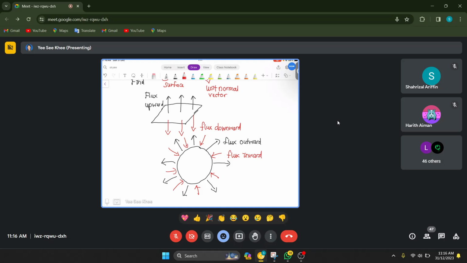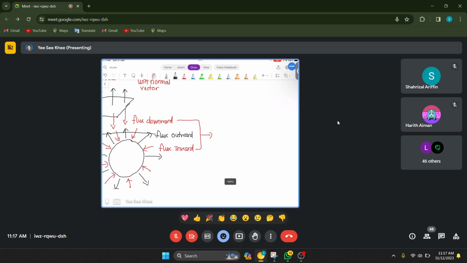The flux downward and inward have the same formula, and the flux upward and outward have the same formula.